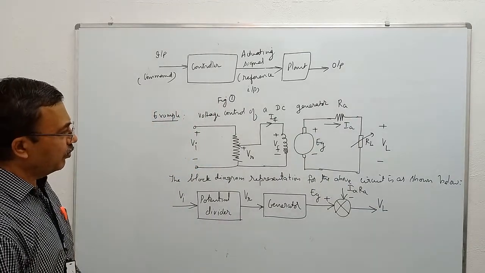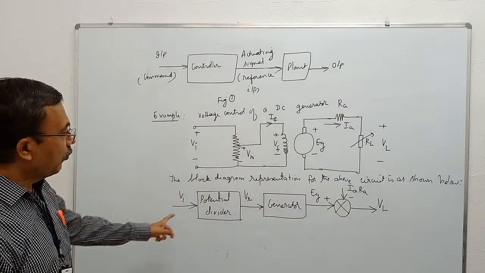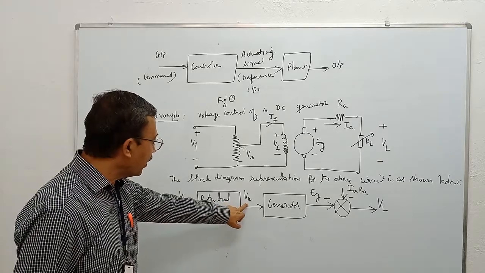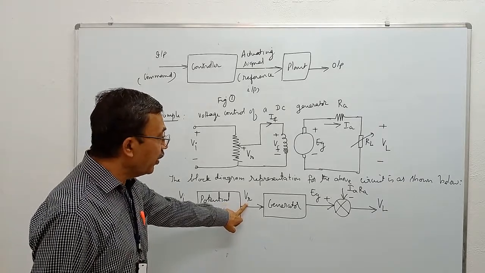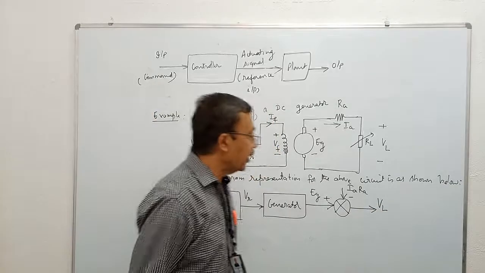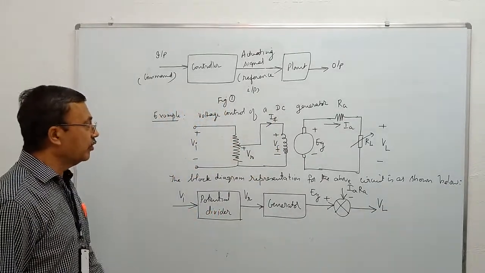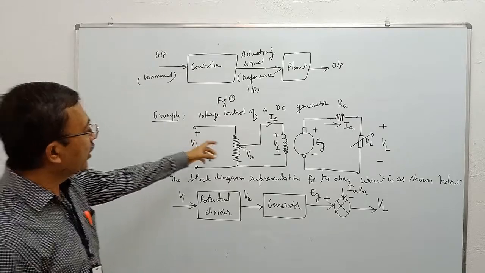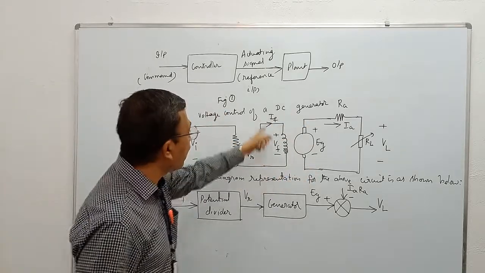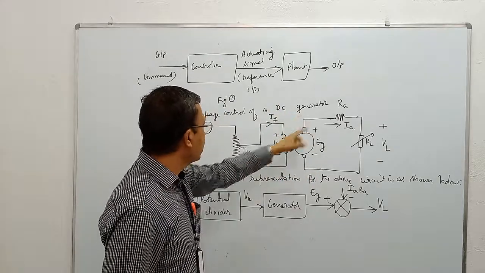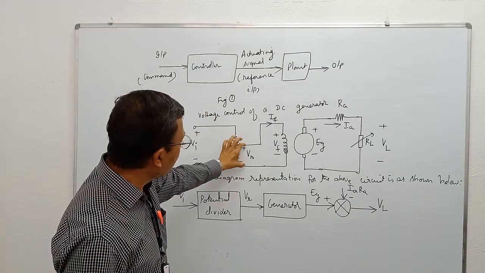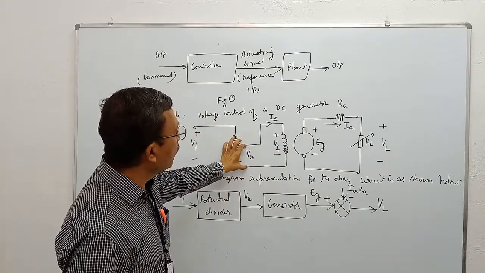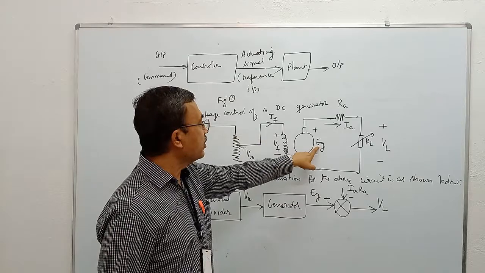Now, if you see this block diagram, VR is independent of VL. Therefore, it is an open loop control system. We have taken this example in which we have a separately excited generator which converts the reference voltage VR into an open circuit voltage Eg.